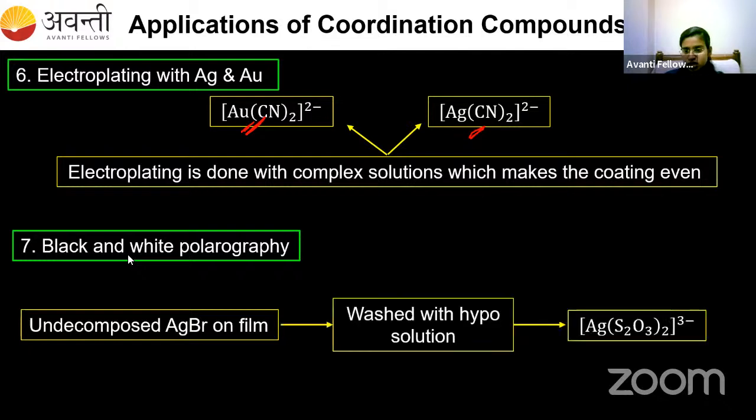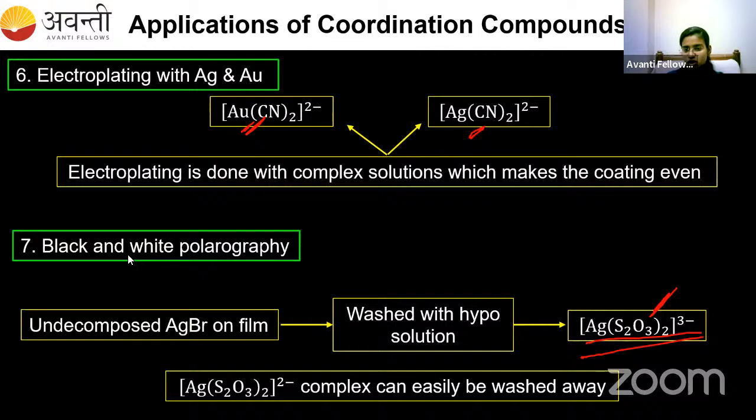So the silver thiosulfate complex is the hypo solution. Okay. So if we wash this undecomposed AgBr which is there on the film with this hypo solution, we will get the correct colored photo. Okay. So in olden days, they used to wash the photo with a solution, and that solution is a coordination complex.